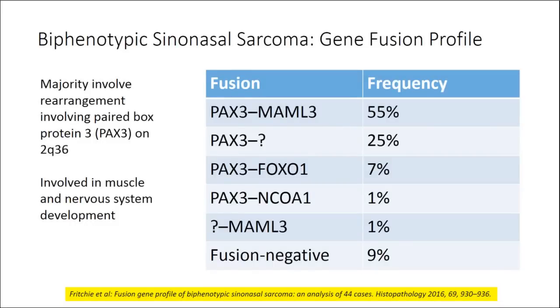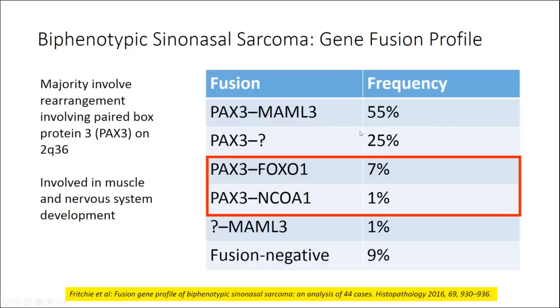So in terms of these, just like many sarcomas and many things that we've talked about so far today, there are particular gene rearrangements that have been identified in these tumors, and most commonly it's the PAX3 gene on chromosome 2 with the MAML3 gene. So over 50% of patients will have this rearrangement, and then PAX3 with an unknown partner in probably another high proportion of patients.